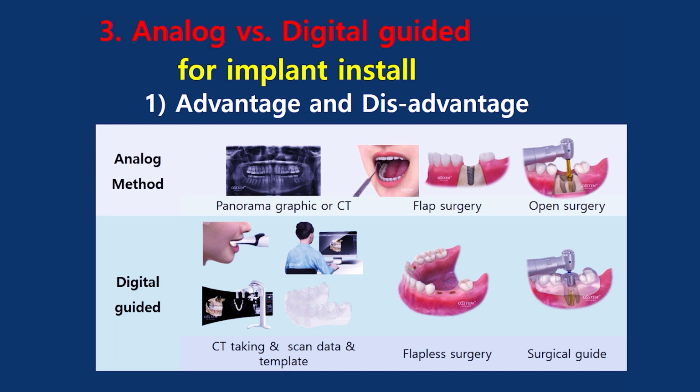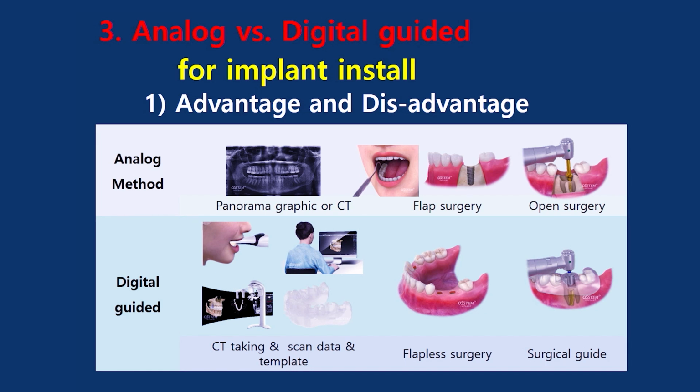Apart from difficulties arising from anatomical structures, what kind of advantages are there in digitally driven implant treatment when placing an implant? The biggest benefit is accuracy. In the top-down method, we design the crown first. When implants were placed in the conventional way, implants would often be placed in positions different from what was originally planned.